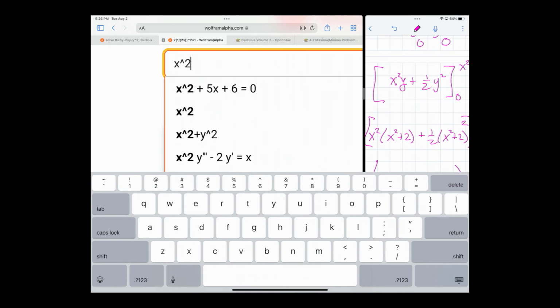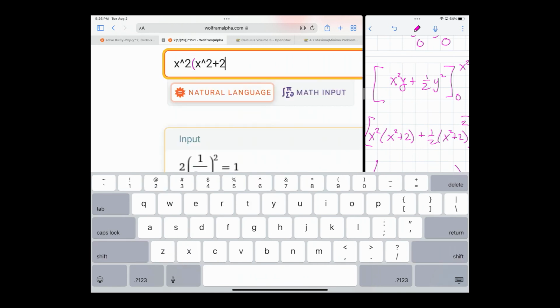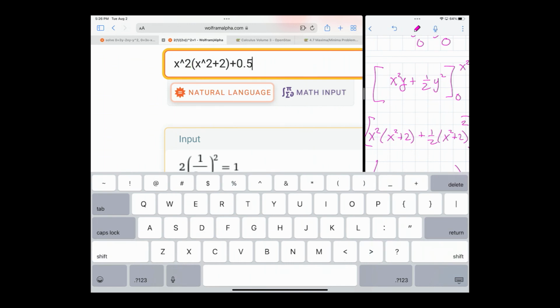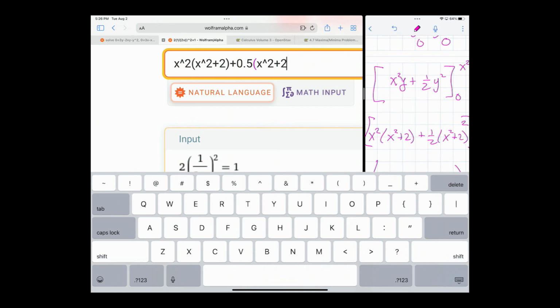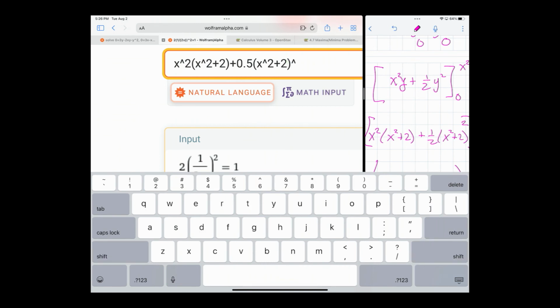x squared plus 2 plus, I'm going to say 0.5 because I'm too lazy to even type in a half. So 0.5 times (x squared plus 2), and then that is quantity squared.